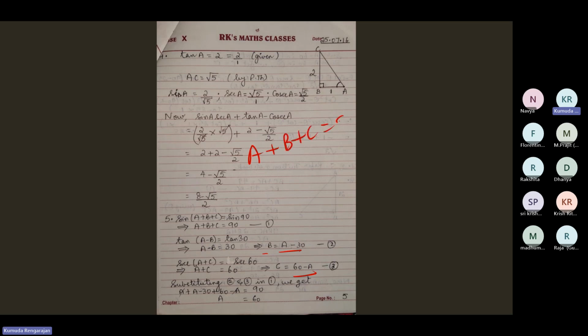You write A as A, B is A minus 30, and C is 60 minus A. So now this equation has only A in it. Now you work this and find the value of A.